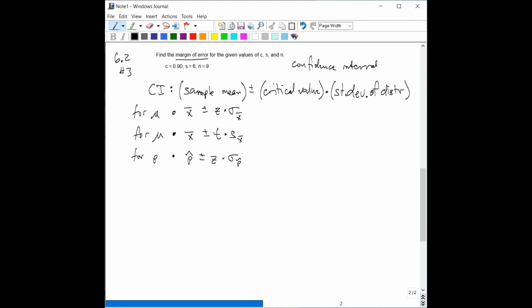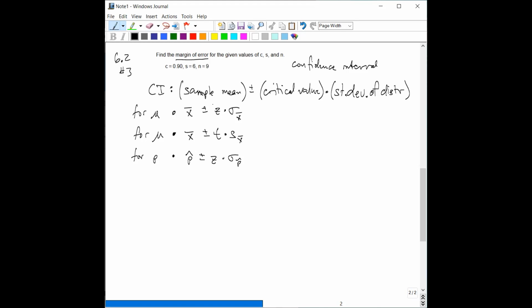So the first thing is to recognize that we're really talking about confidence intervals here. Next is to recognize we're only asking about the margin of error. When you're making a confidence interval, your margin of error is everything after the plus minus.